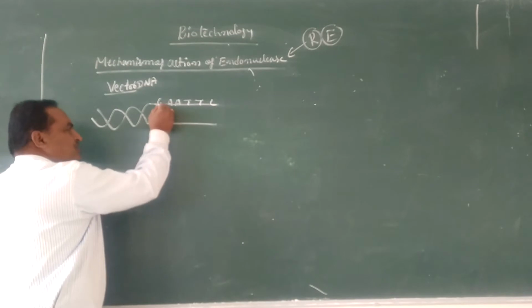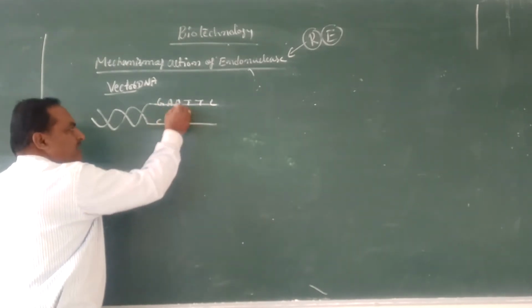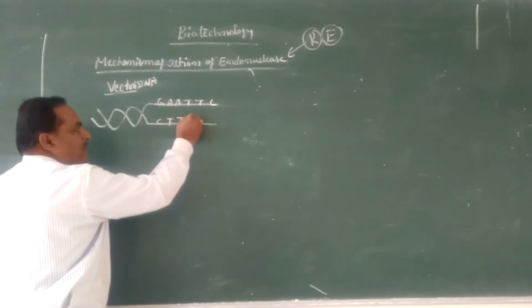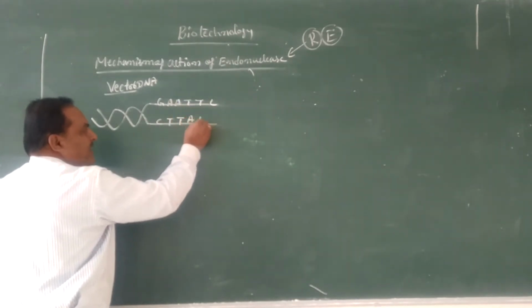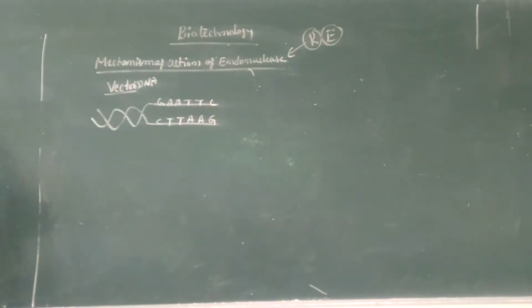Opposite to G is C, opposite to A is T, and so on. These palindromic sequences are present in a DNA.